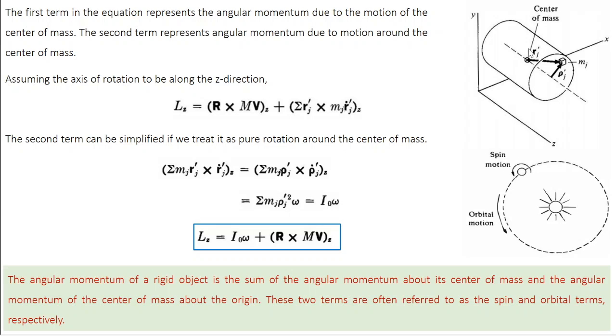Now since this is at an arbitrary angle, you can resolve it into a parallel component and a perpendicular component. Since we are talking about rotation around the z-axis, the parallel component is in the direction of the z-axis, so in our analysis it is not going to count much because it is along the axis of rotation.